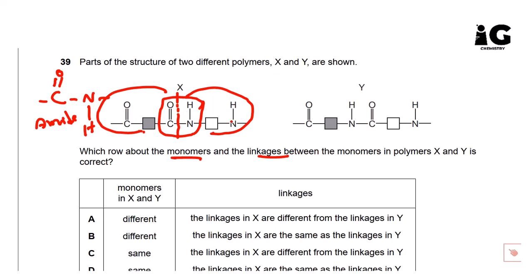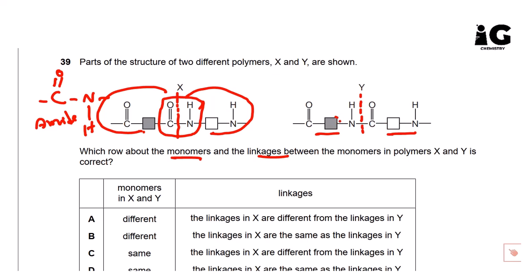And here in Y, also we have two different monomers. This is one monomer, and this is another. You see, guys, the monomer is repeated. C double O NH, and here C double O NH. But if you check here, this square is shaded, and this one is light, so it means we have a different carbon chain here. Take care, guys, of this point. So it means we have a different carbon chain, not the same for the monomer.